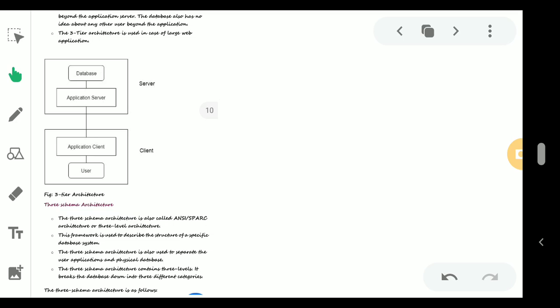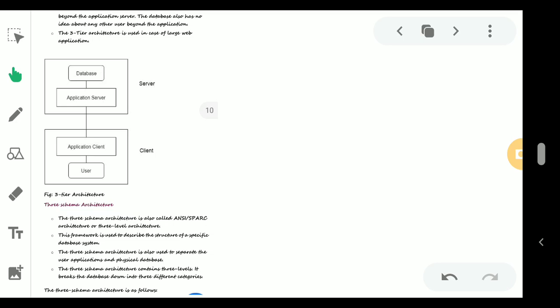Okay, so from this there is one concept that is very important coming to your question paper, that is, describe the 3-schema architecture. That is a very important question. So what is actually this 3-schema architecture?